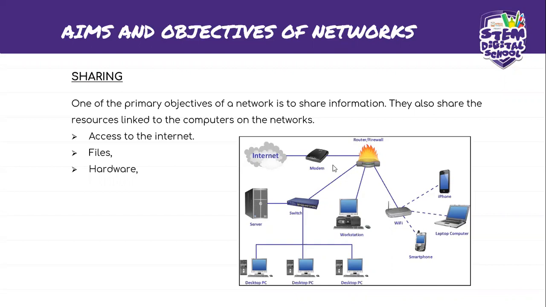They use the same internet. Even these computers have access to the internet. So this is a network. So the primary objective of a network is to share information, by connecting this cell phone, laptop and smartphone to this one.